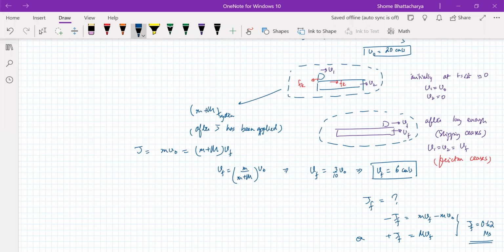As far as the percentage energy dissipation is concerned, the initial kinetic energy before friction starts acting is this much.